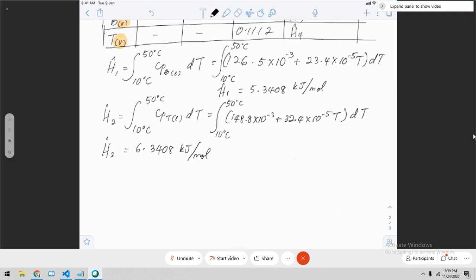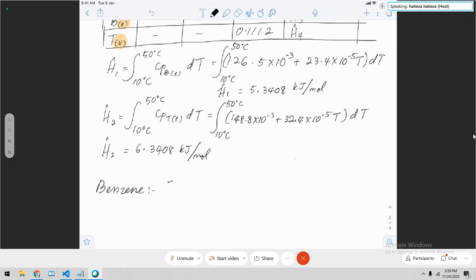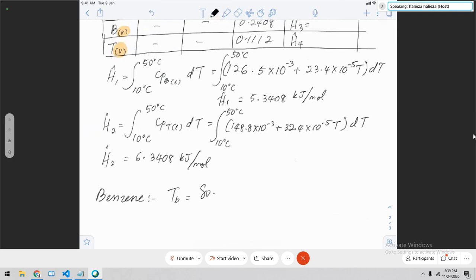Okay, I need to write down for benzene, the T boiling. Anybody remember to jot it down? For benzene, it's 80.1, is it? Degree C. Did you write it down? Nobody? Latent heat of vaporization is equal to 30.765.